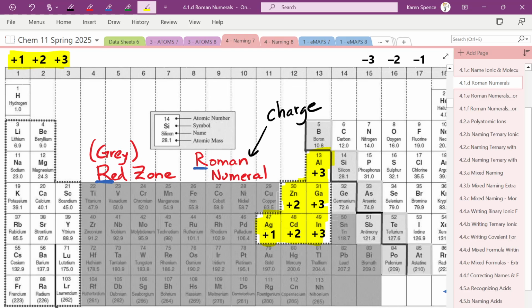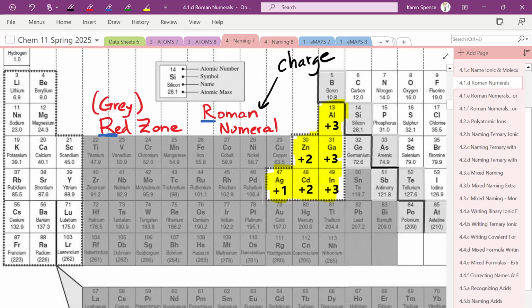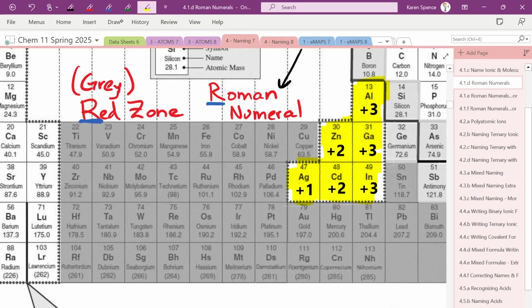But when we get into the red zone, we don't know what the charge is because it could be many different things. For example, manganese, which is here, has very famously like about 9 different possible charges, something crazy like that, okay? So we're not going to try and cram them all on there. We're going to let you figure them out, all right?